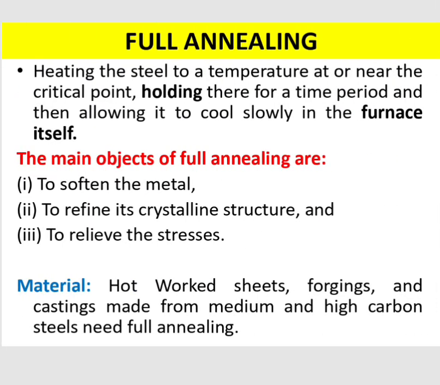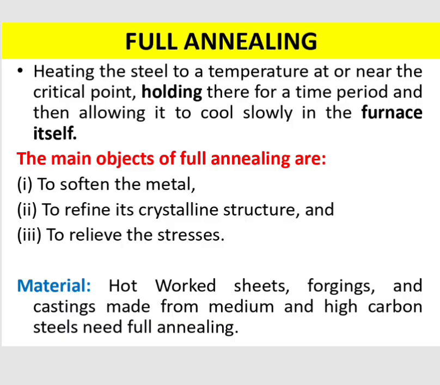Then another one is full annealing, which comes under annealing. Heating a steel to a temperature at or near the critical point, holding for some period of time, then allowing it to cool down slowly in the furnace itself is called full annealing.